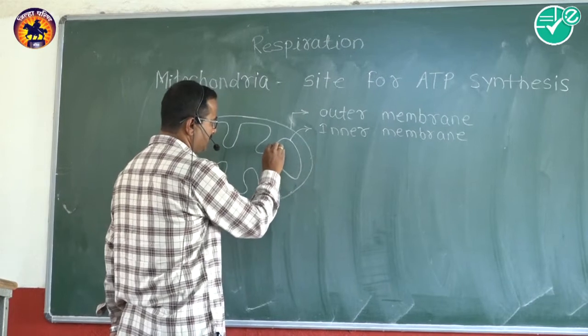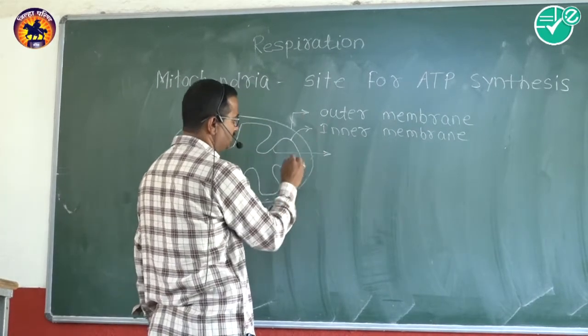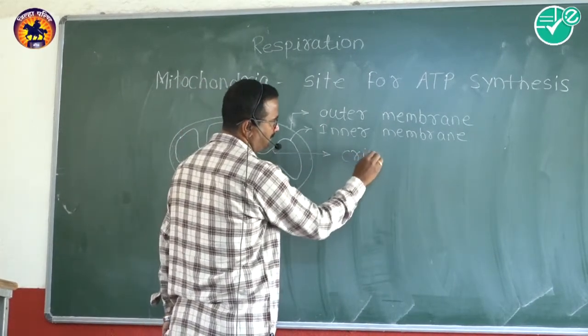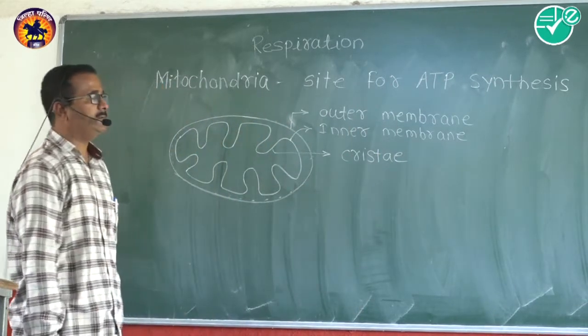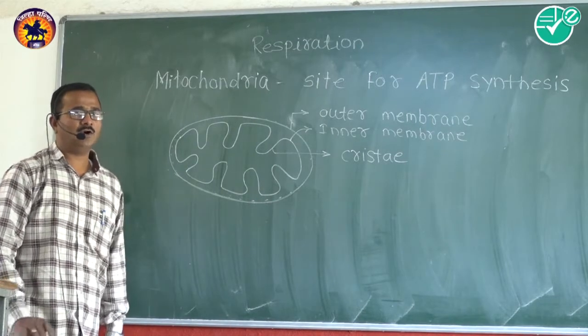Such finger-like projections which are present on the inner membrane of the mitochondria are called the cristae.